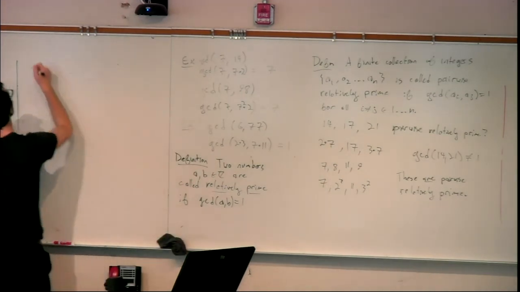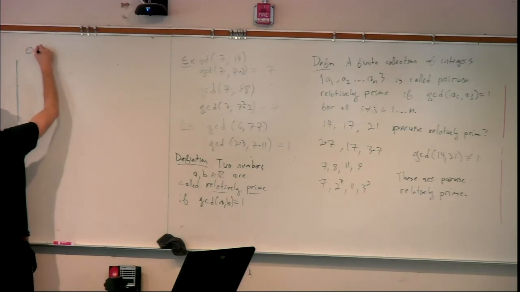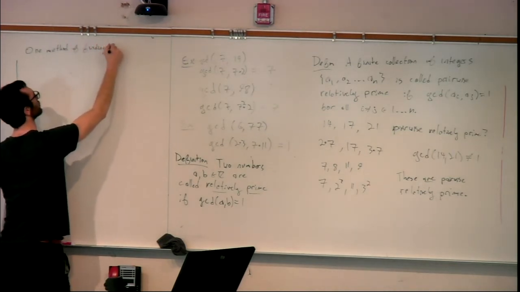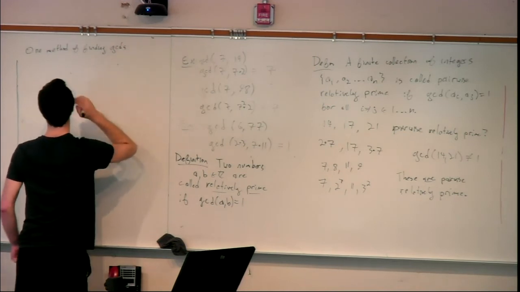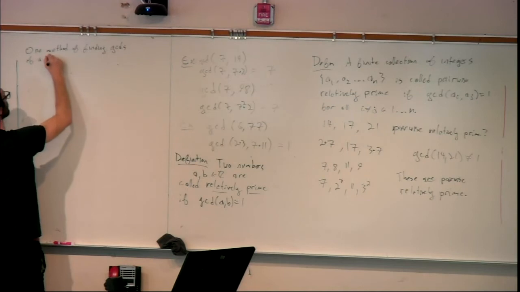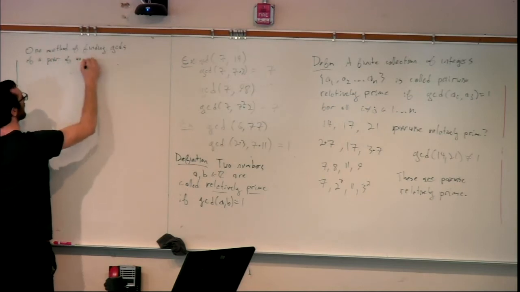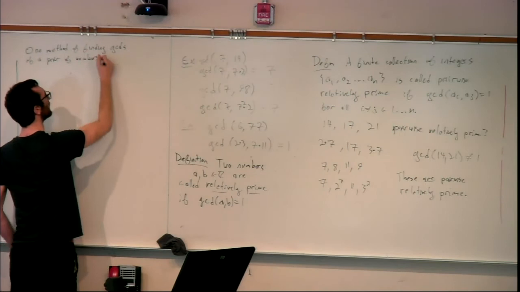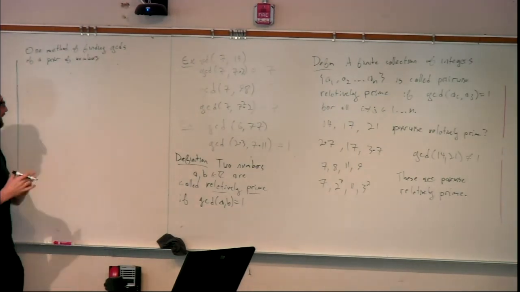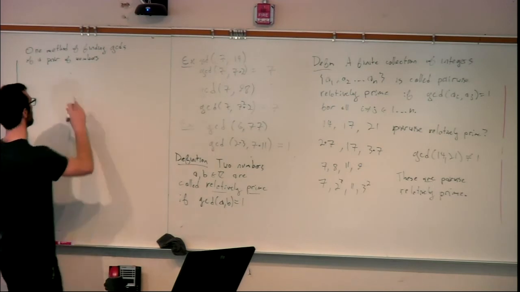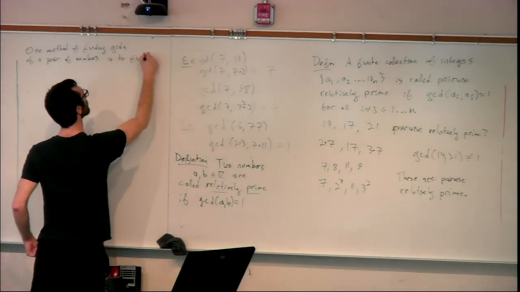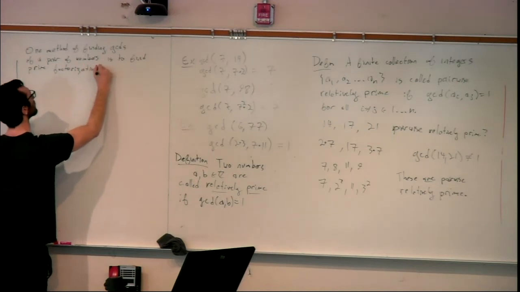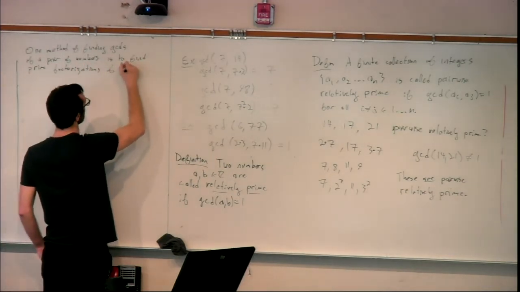One method of finding GCDs of some numbers, let's work with a pair, though it can be done more generally, is to find the prime factorizations of all numbers involved.